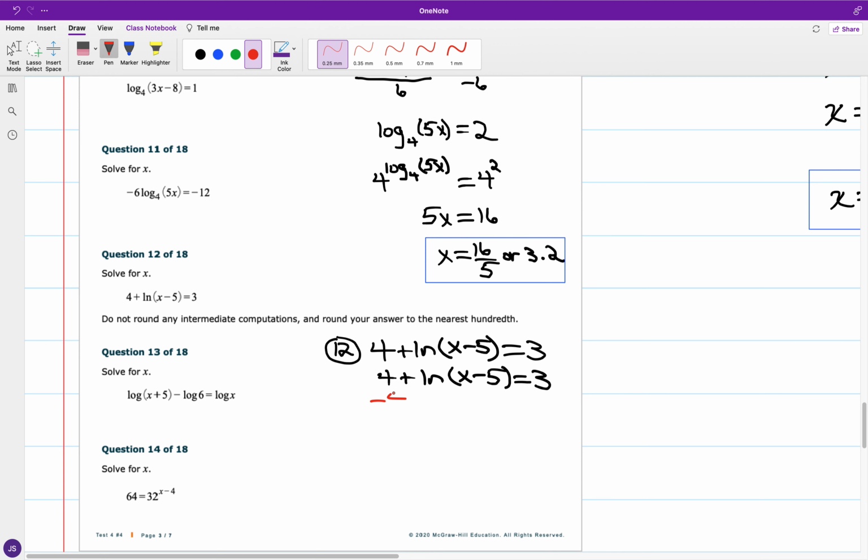So if I look at taking 4 away from both sides, I have the natural log of x minus 5 is equal to -1.